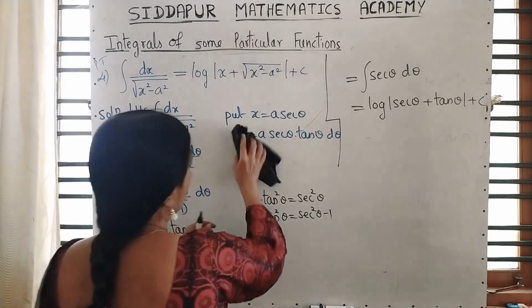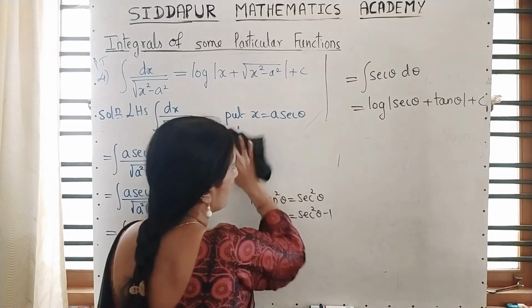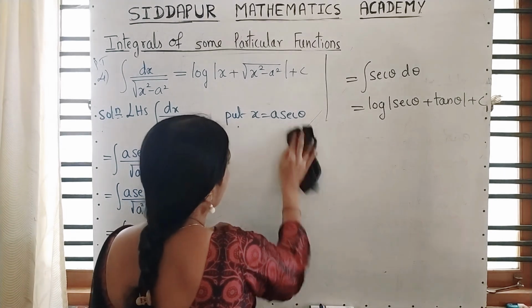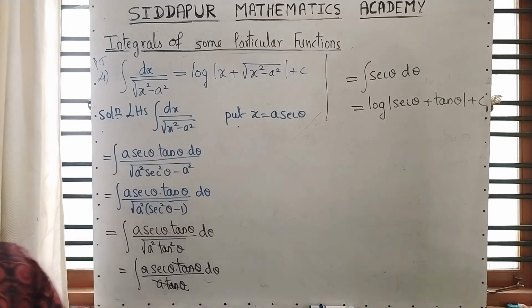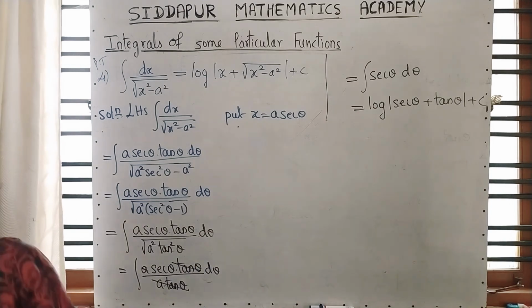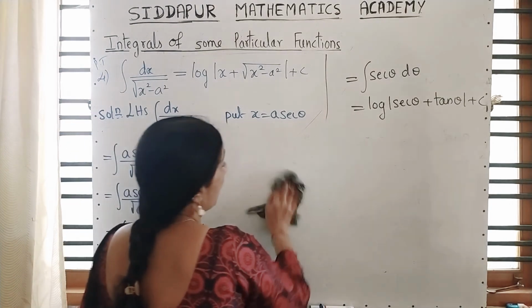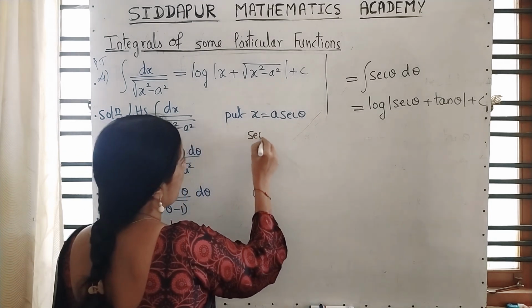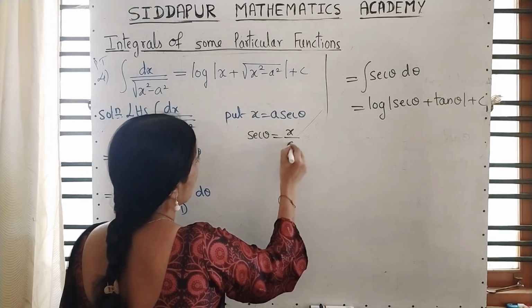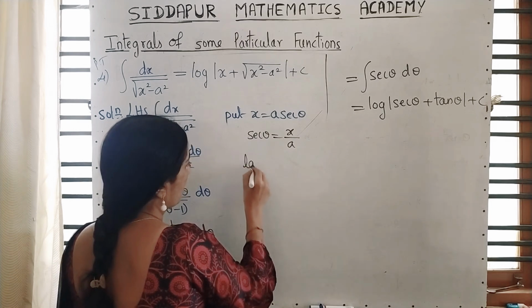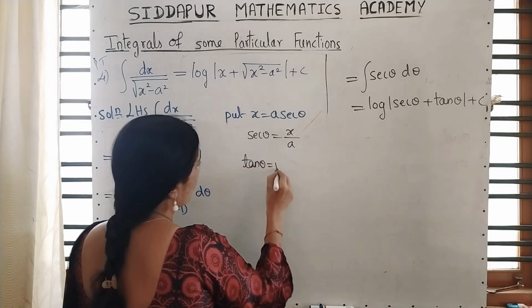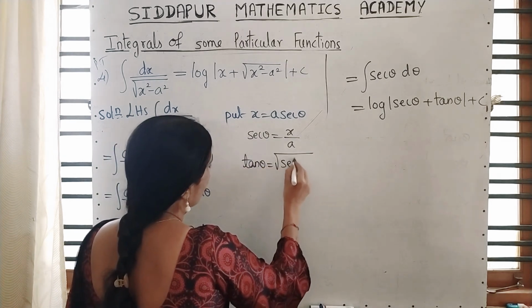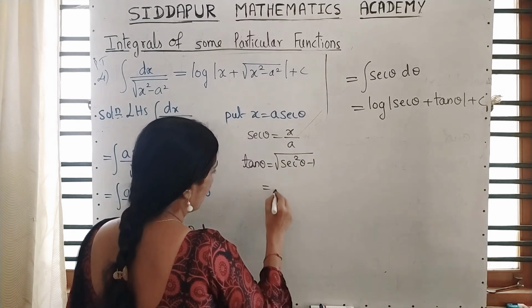Now this I will rub here because I want the place here. The problem started in terms of x. Here we got a theta. Then convert that sec and tan in terms of x. What is sec theta here? Sec theta is x by a. Tan theta is equal to root of secant square theta minus 1.